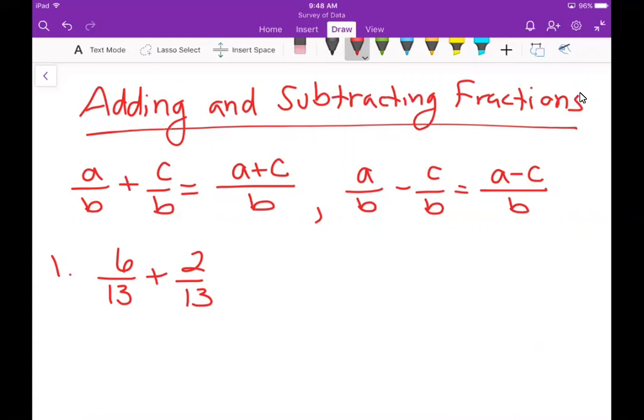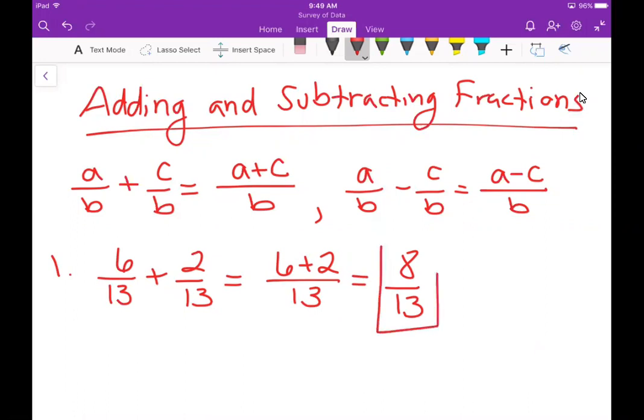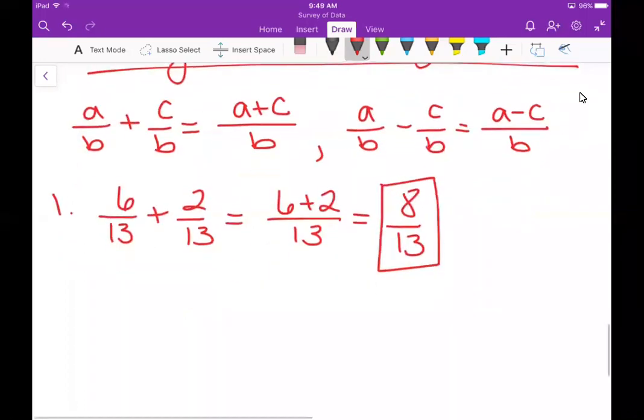So if I have 6/13 and I add 2/13, then I have 6 plus 2 of that common denominator of 13. I have 8/13. Now here you have to carry out that addition and then you can simplify your final answer if there is something to simplify. Here 8/13 is completely simplified.